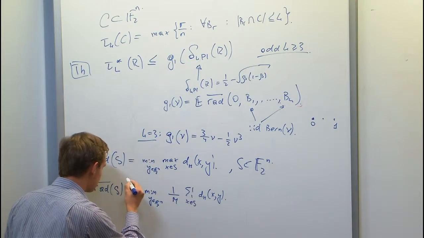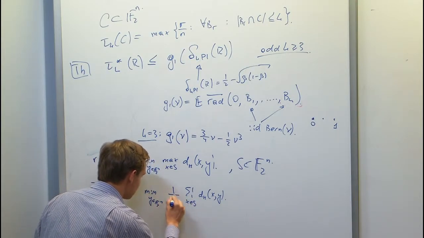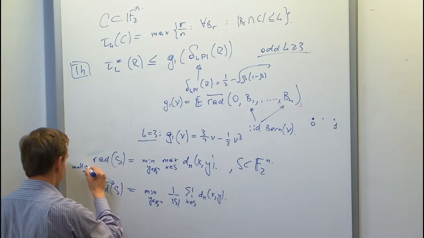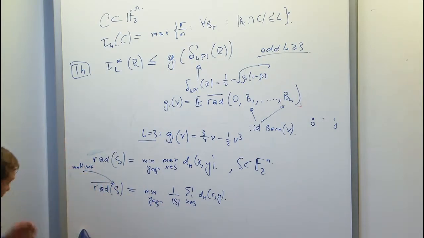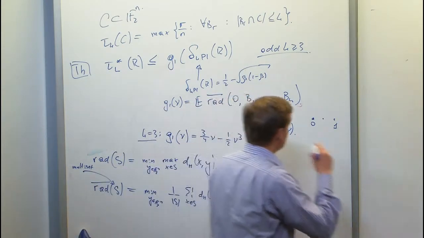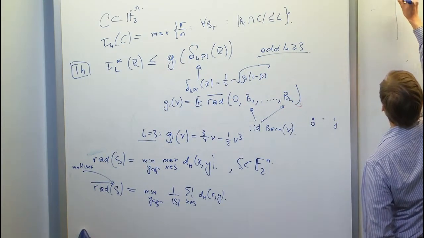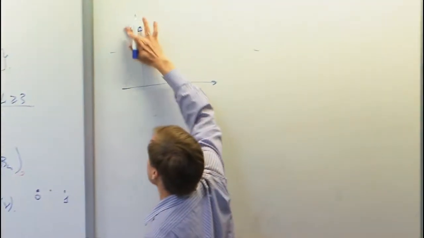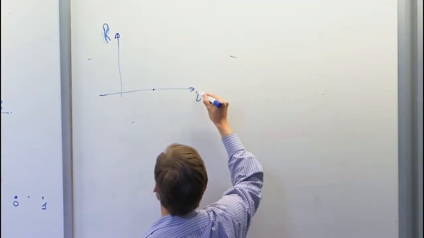I'll just keep writing this as a multiset. Now, in terms of this notation, what is the Plotkin radius? This is the general trade-off, R versus tau.